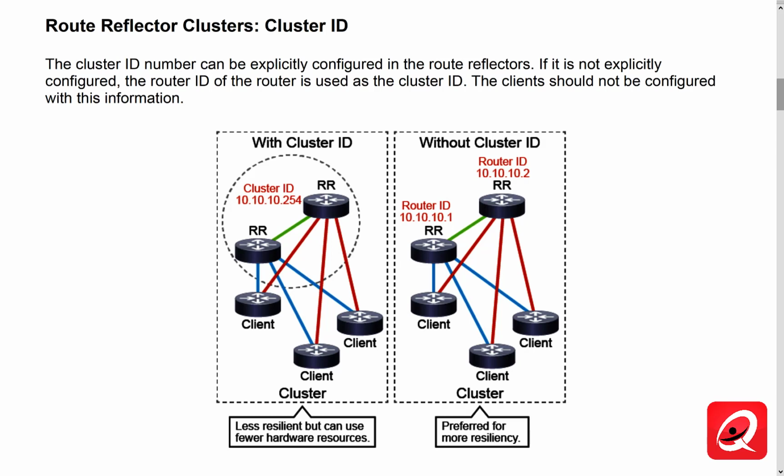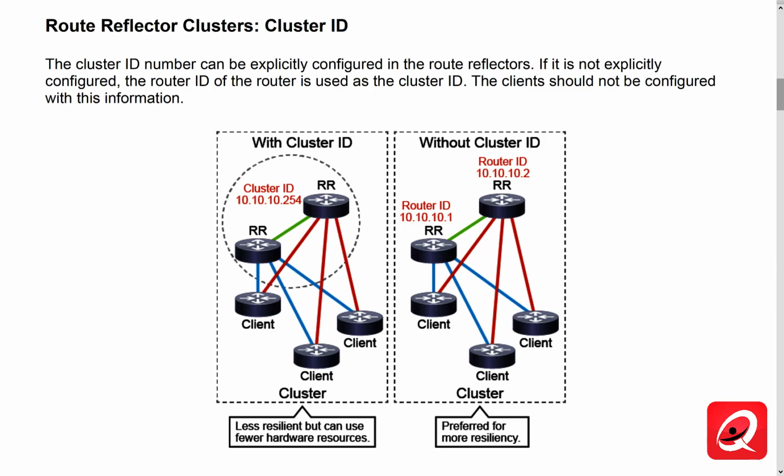That route selection process is modified to include the idea that we are going to look for the length of that cluster list, almost like an AS path attribute where the shortest AS path is going to be preferred. In the case of cluster lists, a route with a shorter cluster list is going to be preferred over routes that have a longer cluster list.